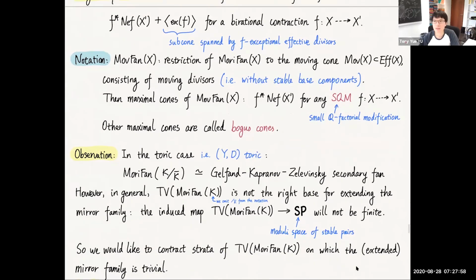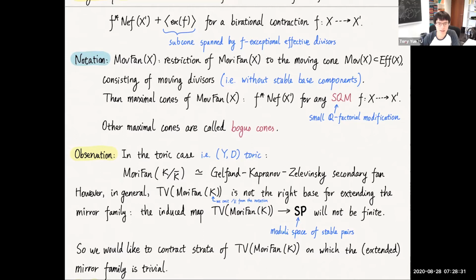In order to remedy this non-finiteness, meaning that over some subvariety we have trivial families, we would like to contract a strata of this toric variety associated to the Mori fan on which the extended mirror family is trivial.